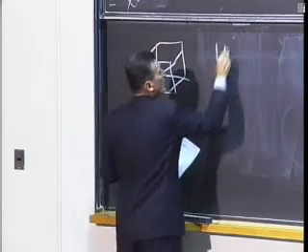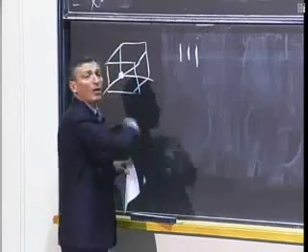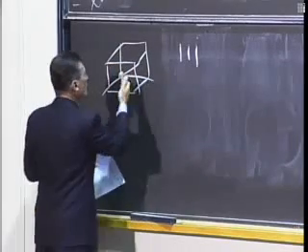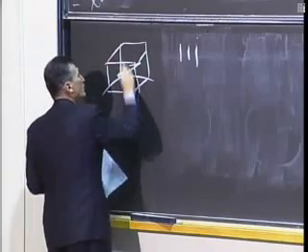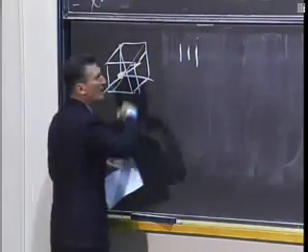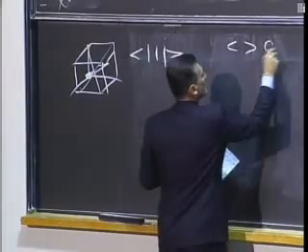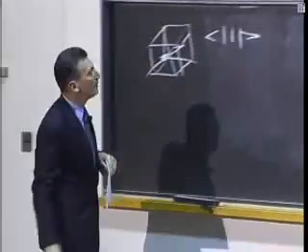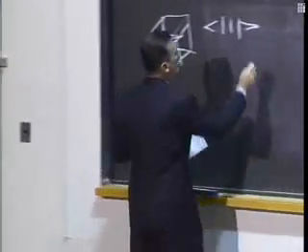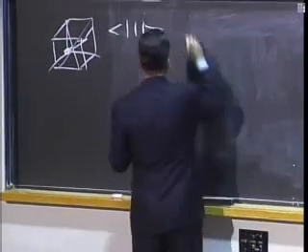So 1, 1, 1 would be a body diagonal. Right? But suppose I want to say all body diagonals. That's 1, 1, 1 this direction, 1, 1, 1 that direction. I want to get this body diagonal, and that body diagonal. How do I do that? I can do that by putting carets. These are called carets. Those of you who have done some editing and proofreading know these terms. Okay? So this is all body diagonals.